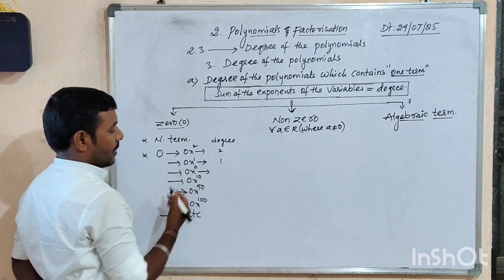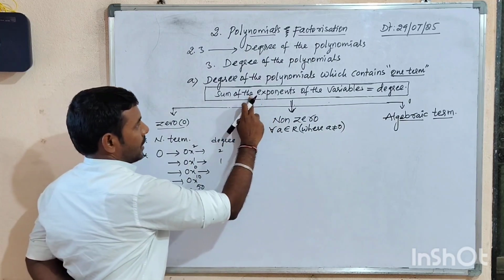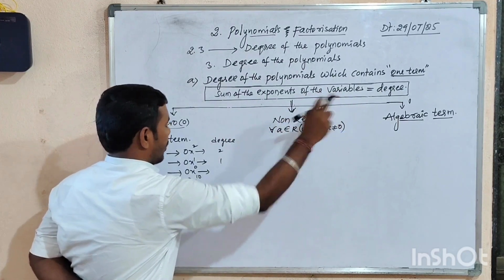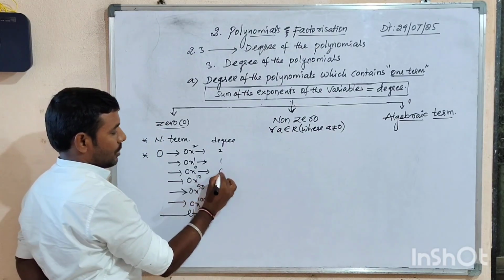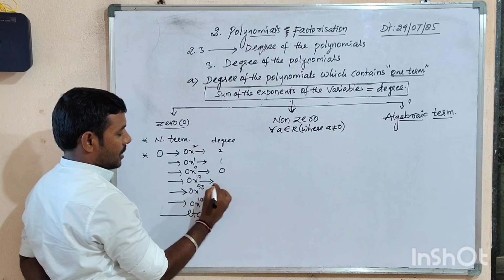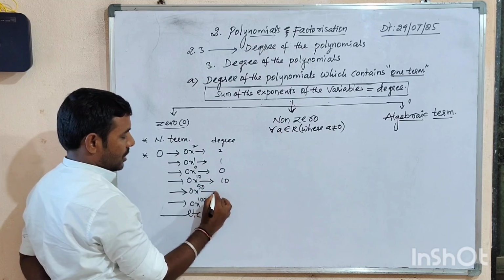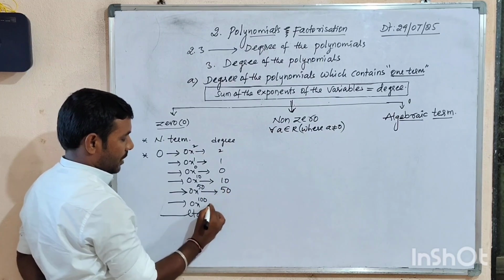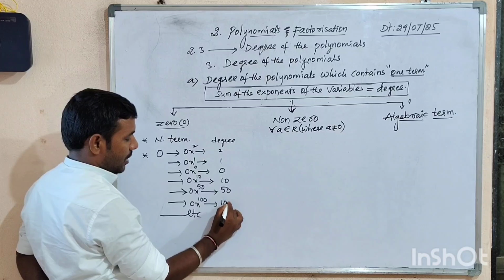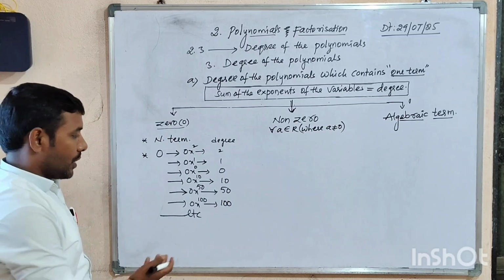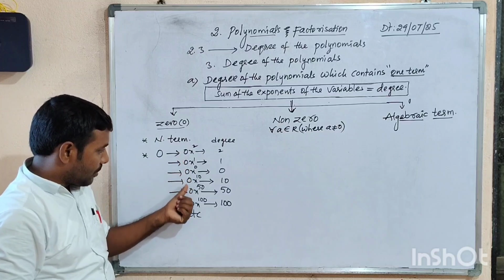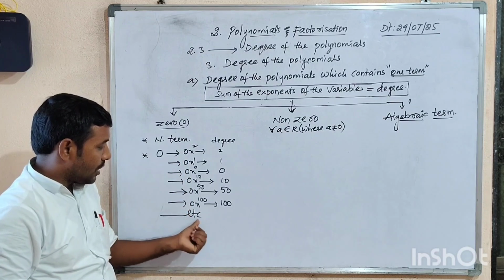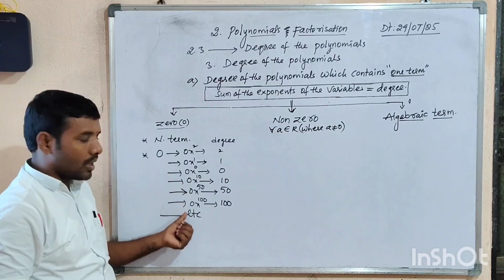Based on this, the exponent of the variable is called the degree. So in that case it's degree 0. Similarly, it's degree 10, degree 50, degree 100. So we can write it in many ways.